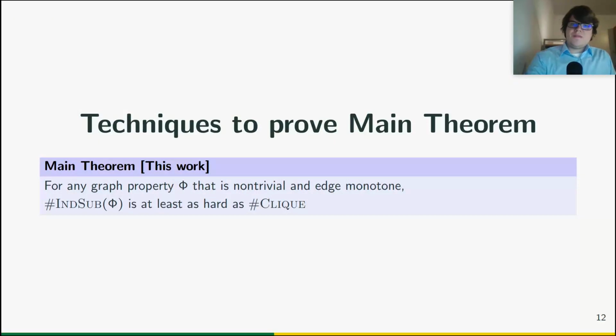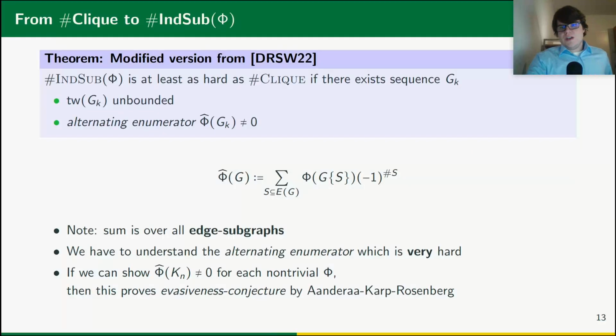And in the following, we would like to see the techniques that are used to show our main theorem. So the main theorem builds on the following theorem, which was first proven by Döring, Roth, Schmidt, Wellnitz in 2020. Later, they published the result in 2022.